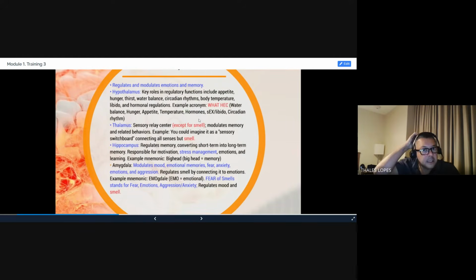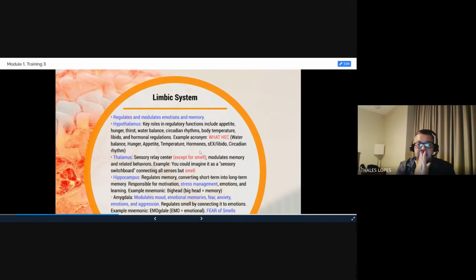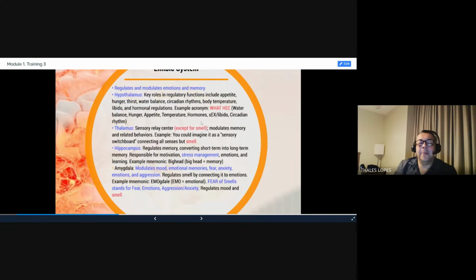If you think about the limbic system, think of it as emotions and memories, right? So why do I care about the hypothalamus, right? Well, let's start with the thalamus, and then we'll go under to the hypothalamus.